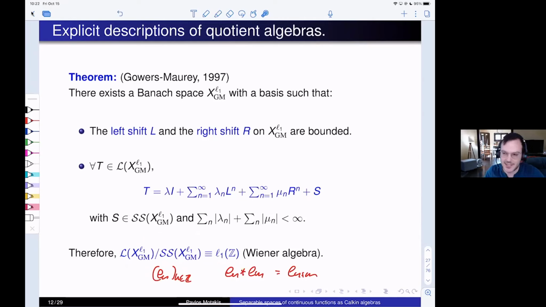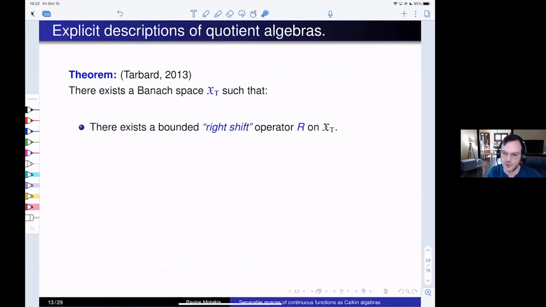Okay, so as I said earlier, if you can do something modulo strictly singular operators in a Gowers-Maurey type space, which this here certainly is, then you have a good chance of translating this to a result modulo compact operators in an Argyros-Haydon type space. And this is what Tarbard did in 2013.